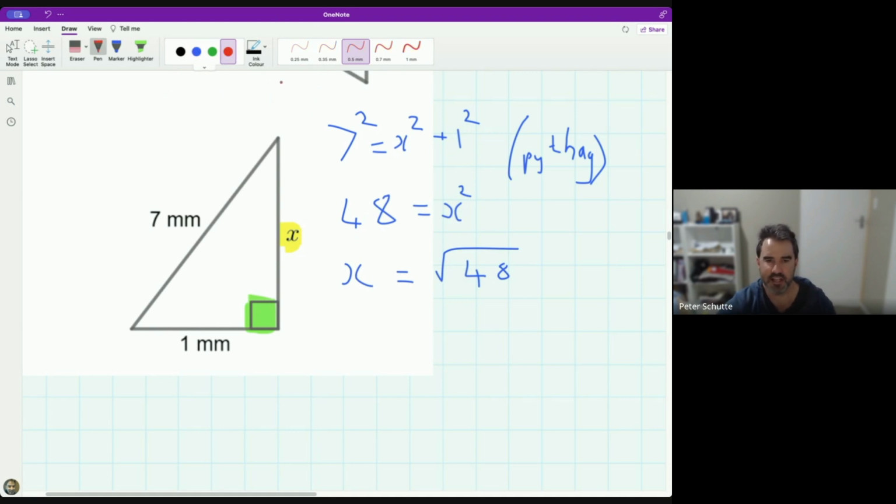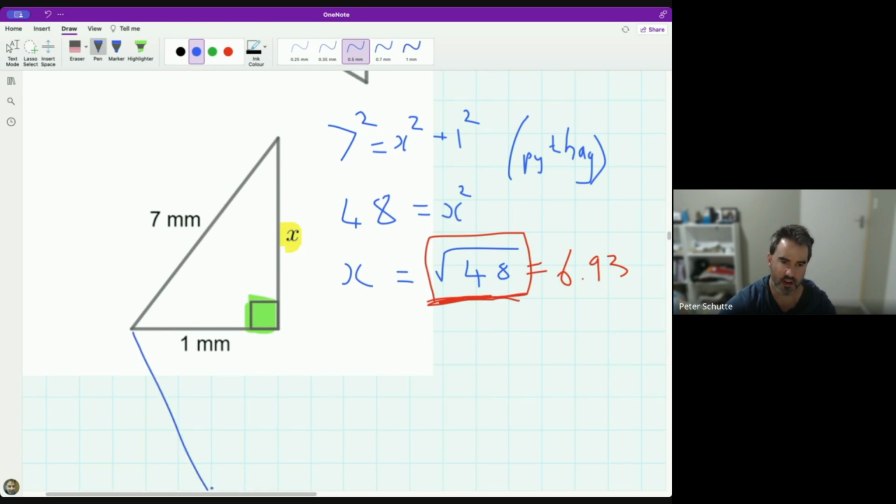If it says round off to 2 decimal places, then the answer would be 6.93. But if you are using this in a next part of the calculation, I tend to just leave it in this form because this form is the easiest way to use it. Like if you want to type it in and use it in another part of the question, like later in the section, you'll see we have triangles that are linked with other triangles.